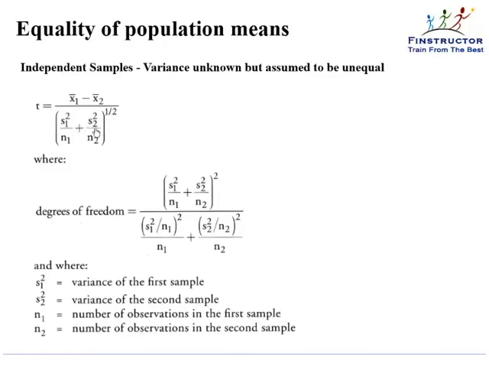Instead of Sp, we will separately use S1 and S2 and then apply it. So you don't have to remember these formulae. Just know that the test can be done, and it will be slightly different whether the variance is assumed to be the same or assumed to be unequal.